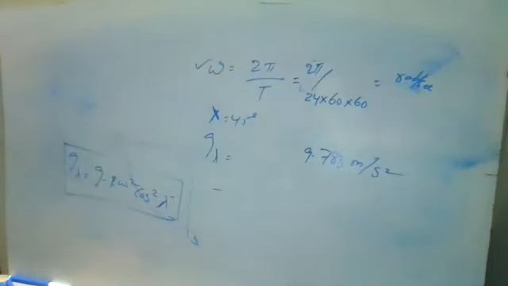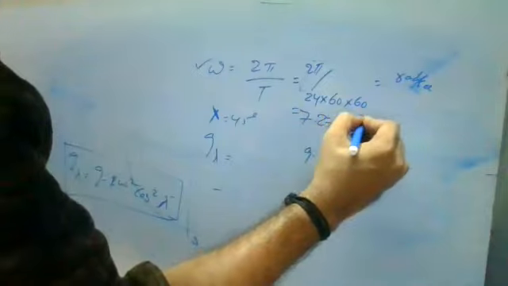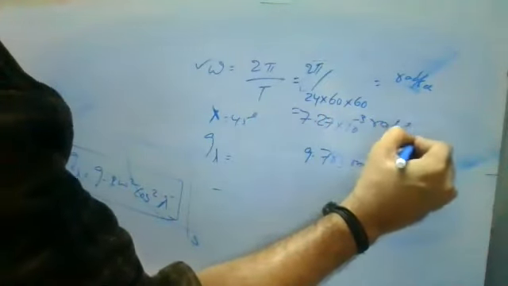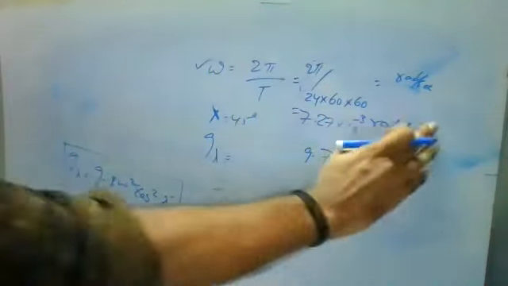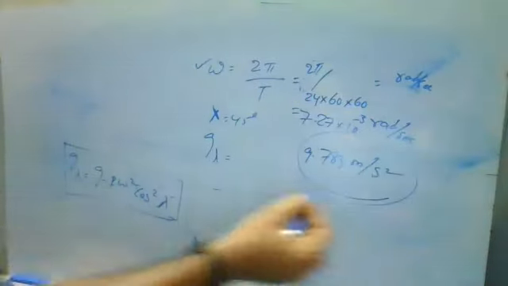Check the answer. Omega value is 7.27 into 10 power minus 5 radians per second. Got the answer? Answer is 9.783 meter per second square.